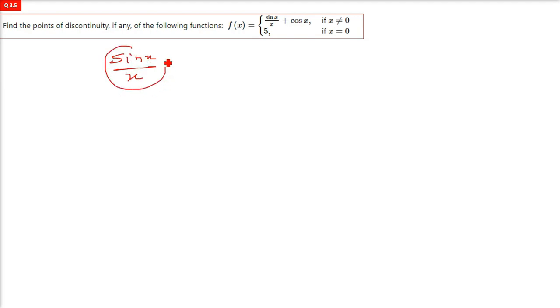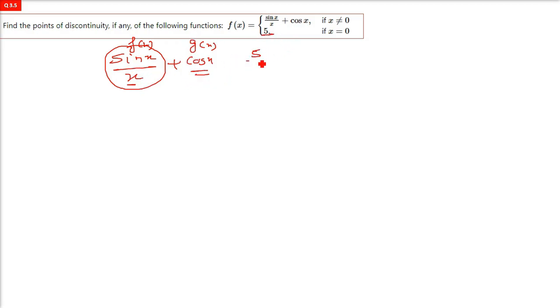Sin x is continuous, x is continuous, sin x by x is continuous. When you add two continuous functions, that is cos x and sin x by x, they will also be continuous. So assume these as separate functions, f(x), g(x), and r(x): sin x, x, and cos x. They all are continuous by themselves.